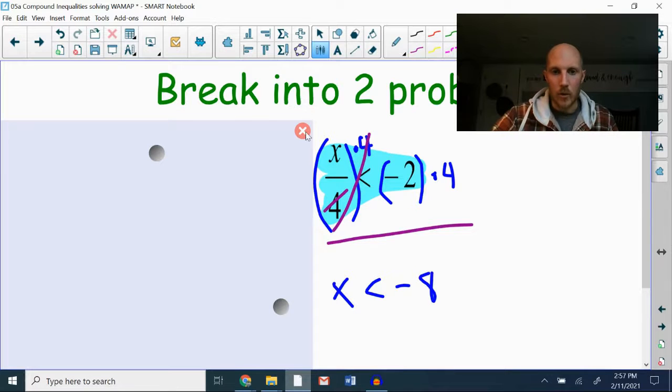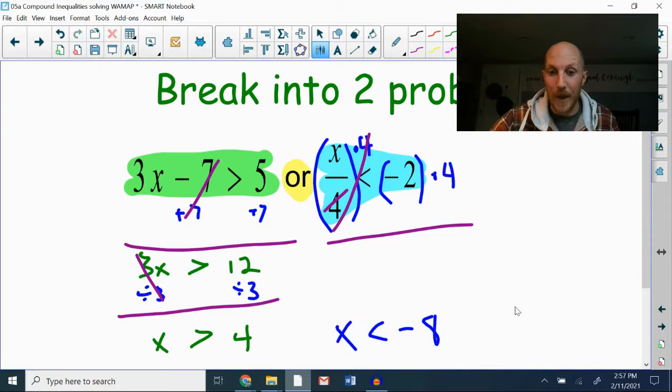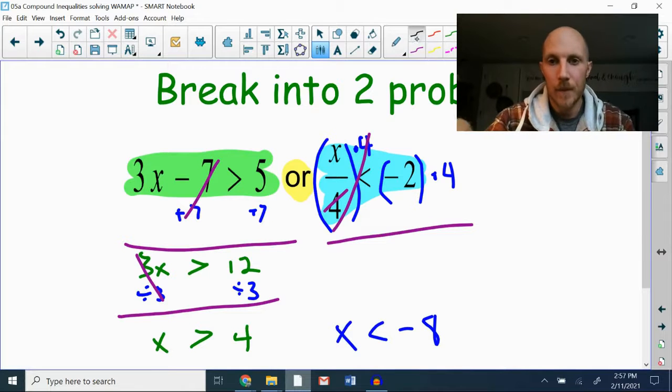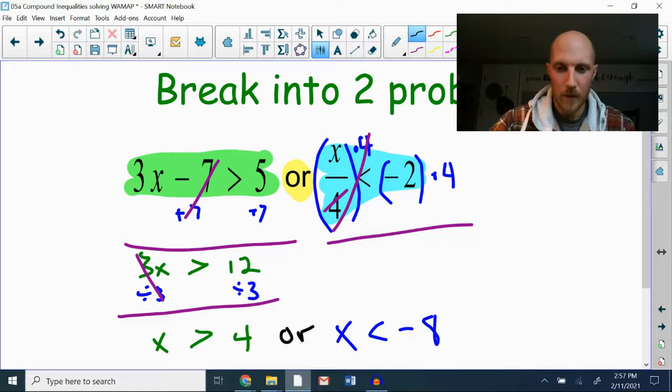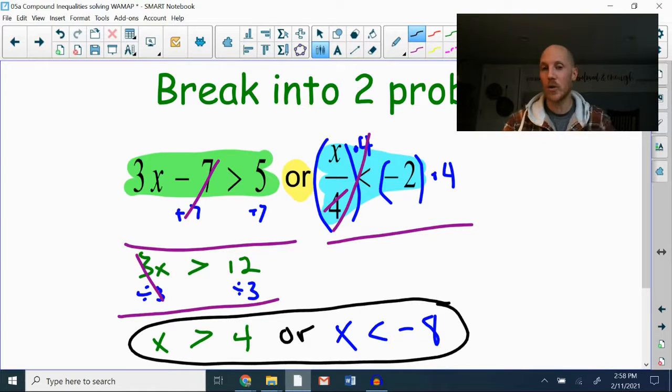Okay, so then we do have to bring these two pieces of the solution back together. And we do that by including that word or to combine those two parts of the solution into one compound solution.